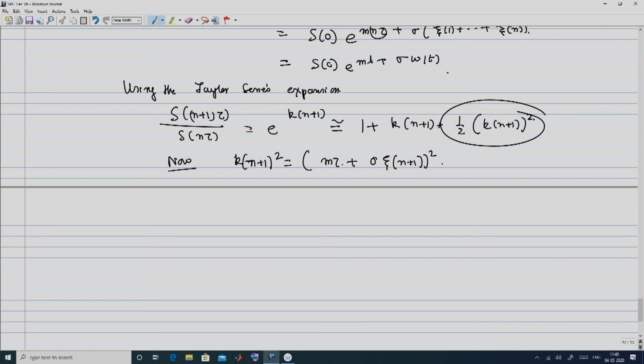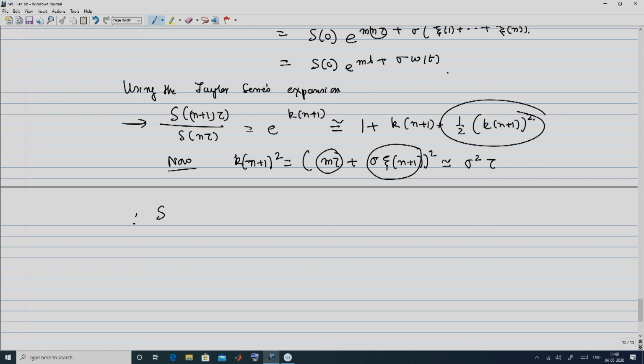If we expand this, you will have an m square tau square term, that is of order tau square, and here you will have sigma square xi n plus 1 square, which gives sigma square tau, because xi n plus 1 is of the order of square root of tau. And the cross term, 2 m tau into sigma into square root of tau, gives tau raised to 3 by 2. So, I ignore the higher order terms and retain only the sigma square xi n square term, which is tau. Okay, so let me now come back to this.